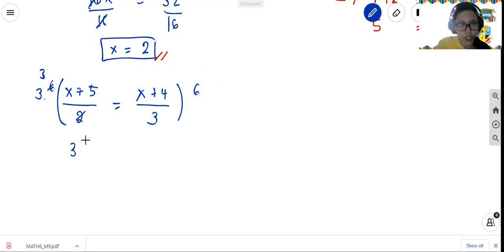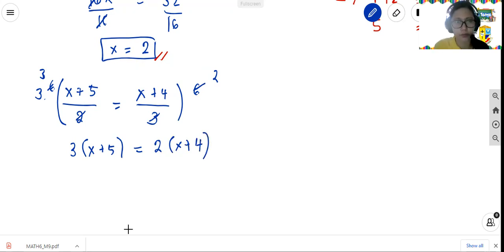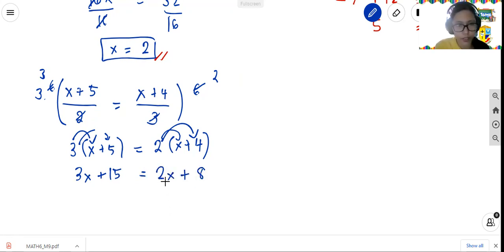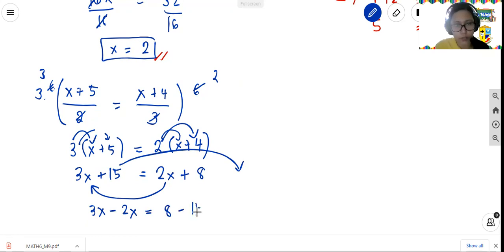So I will have 3 times x plus 5 here. 6 divided by 3 gives you 2. So I will have 2 times x plus 4 here. And then simplifying by distributing the number outside the parentheses, we have 3x plus 15 equals 2x plus 8. And then 2x goes here, 15 goes here. So 3x minus 2x equals 8 minus 15.